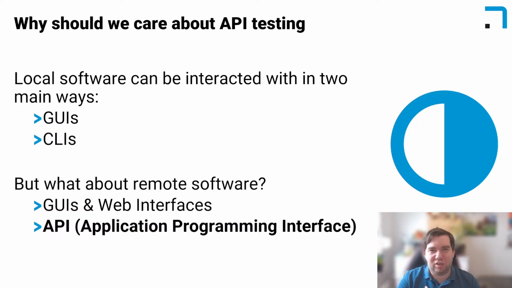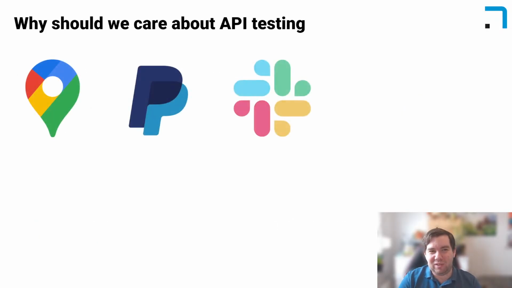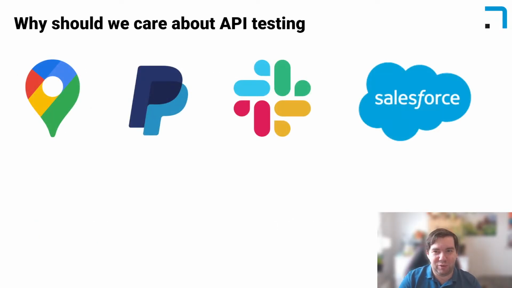So why do we actually care? Are APIs actually that common? Yes, they are. Google Maps, PayPal, Slack, Salesforce, applications and services that you probably use quite frequently, or at least I know I do.